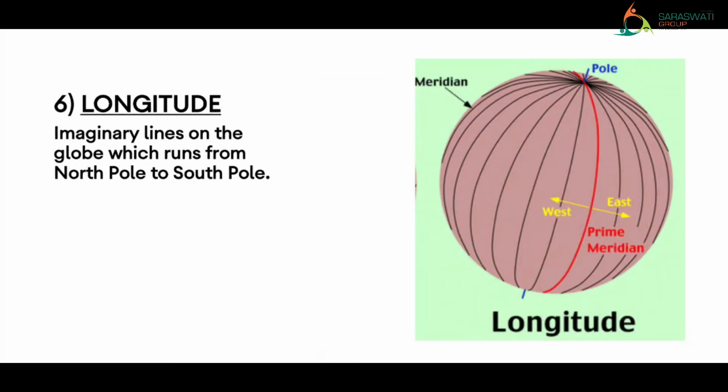A very important longitude it is, because this longitude will again divide the earth into two hemispheres or two equal halves, that is the eastern hemisphere and the western hemisphere. Correct? Yes. So these are longitudes. Now when you bring the latitudes and longitudes together, what happens?